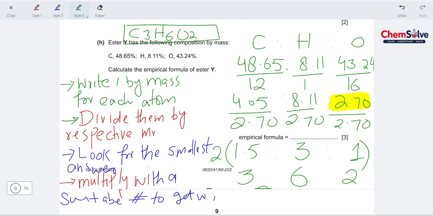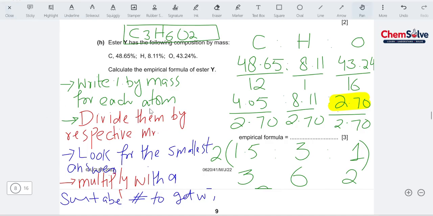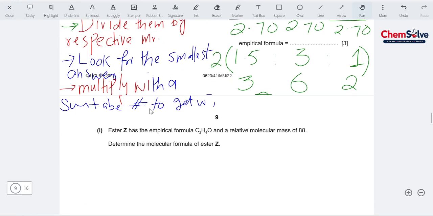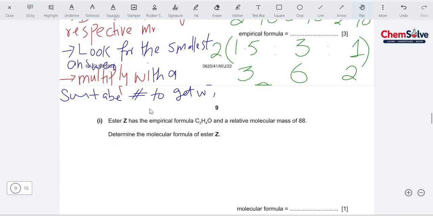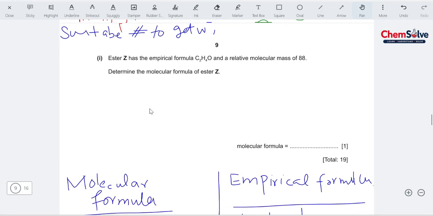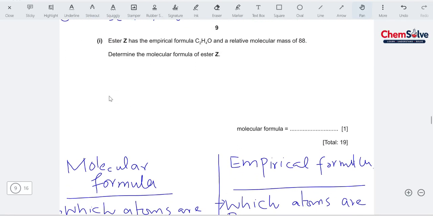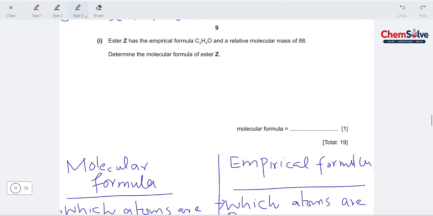Alright, now we are moving towards the next part of the question, for which we have to calculate the molecular formula. C3H6O2 is our empirical formula. So the next part of the question says, for the molecular formula calculation, we should have two things in our question.